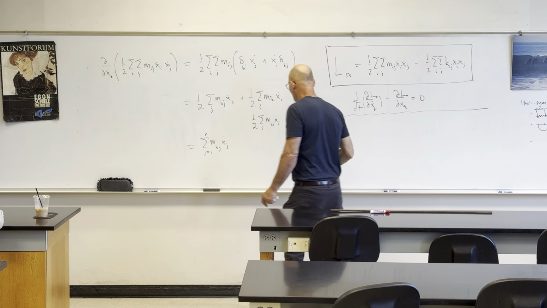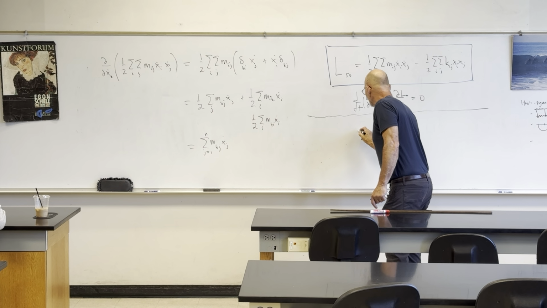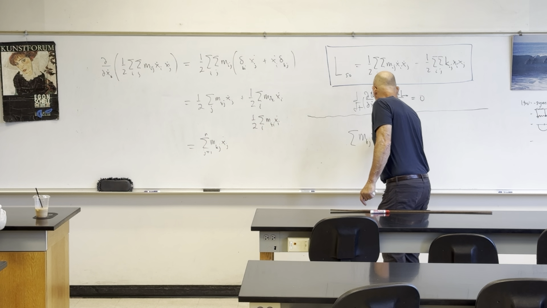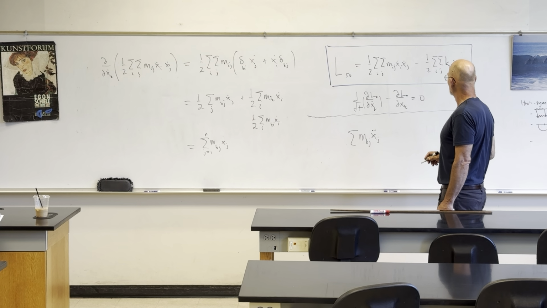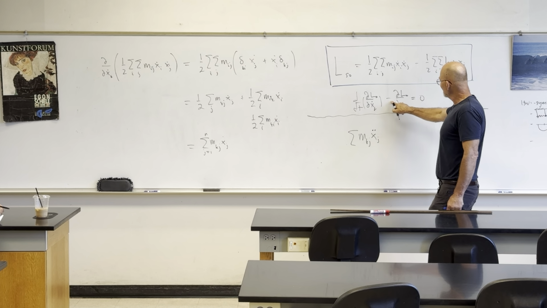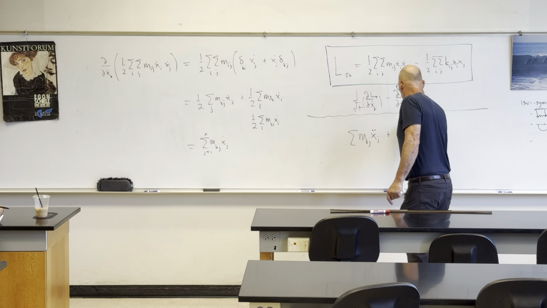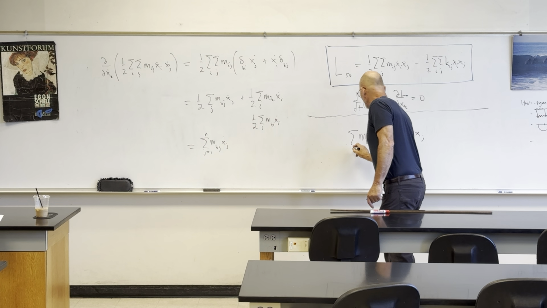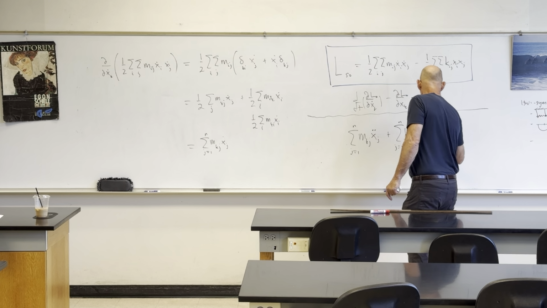Okay, so what we now have, from this, I'll write it right underneath here: sum over m, k, j, x_j second derivative, minus, which is going to, minus a negative gives us a plus, sum over k, k, j, x_j, j equals 1 to n, equals 0.